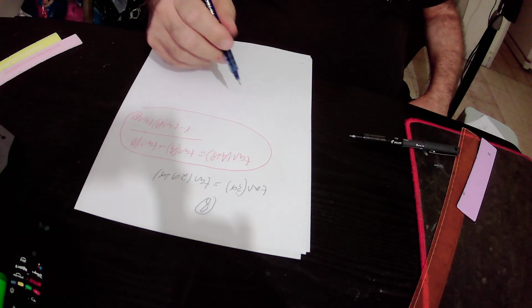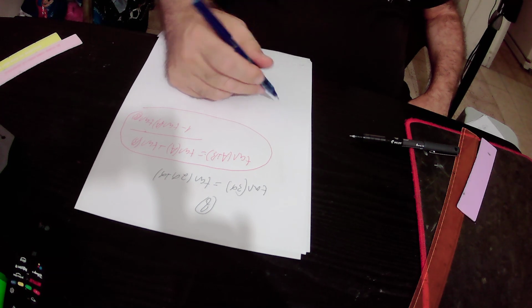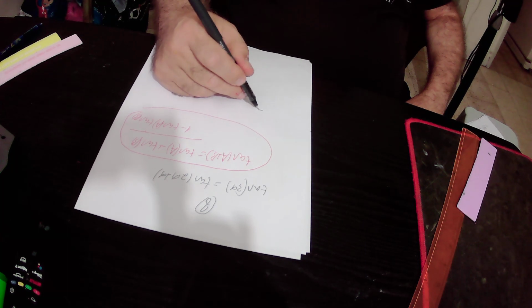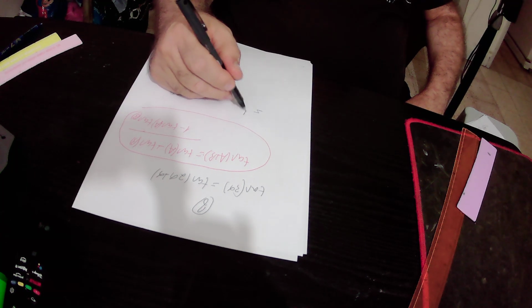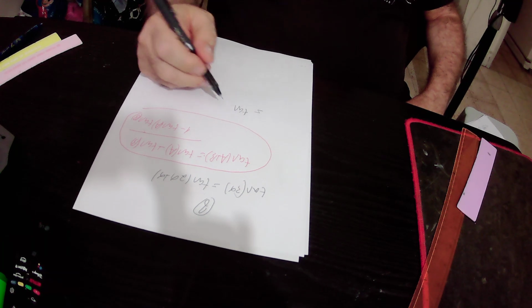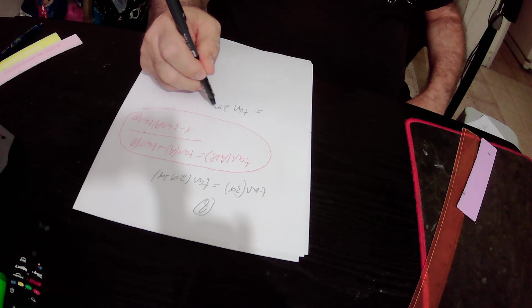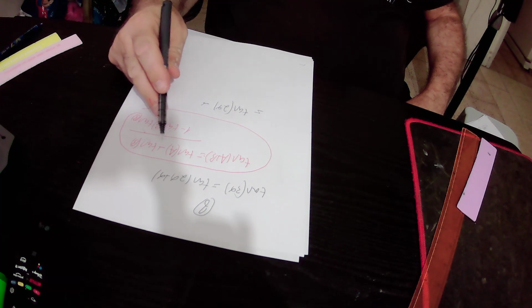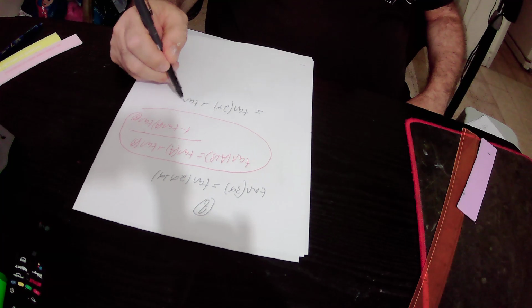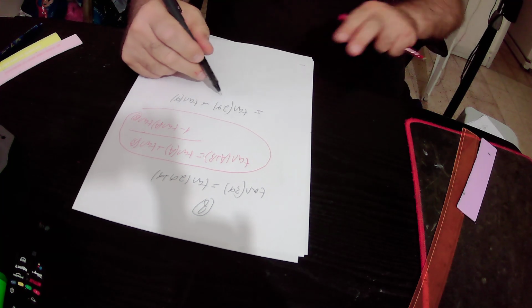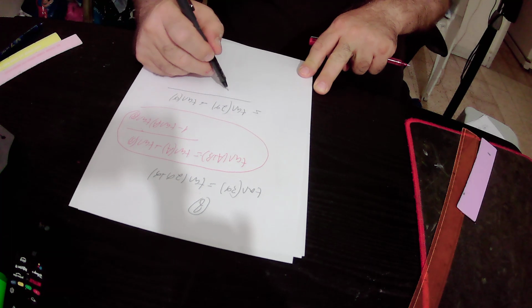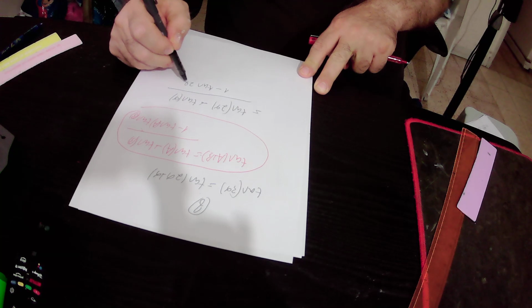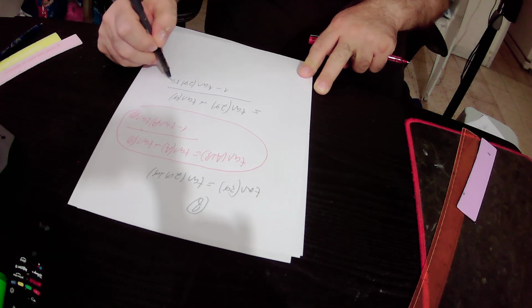So we will get that it equals tangent A, which is tangent 2 alpha, plus tangent alpha, over 1 minus tangent 2 alpha times tangent alpha.